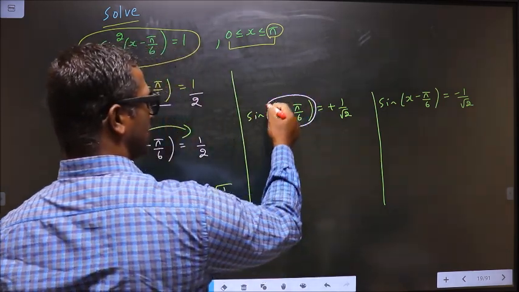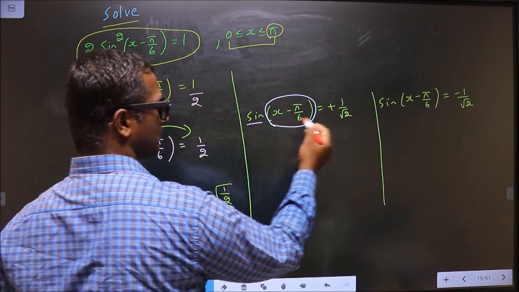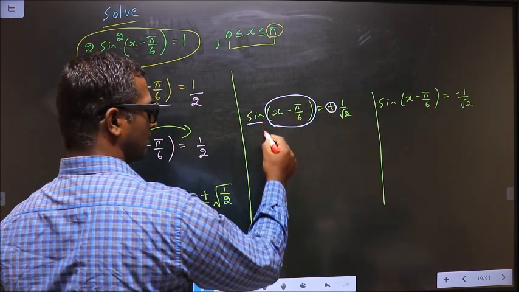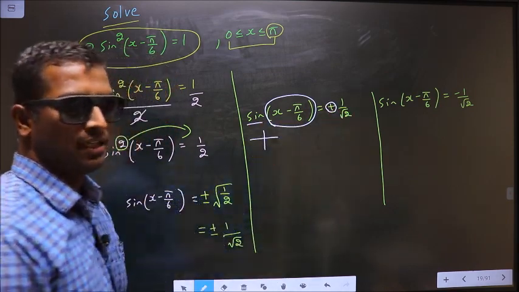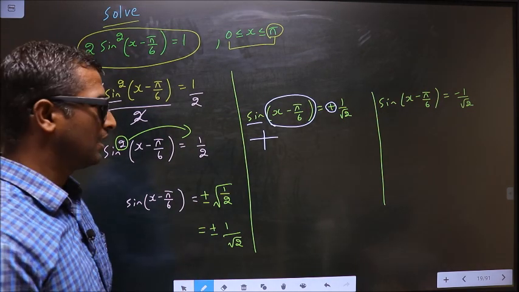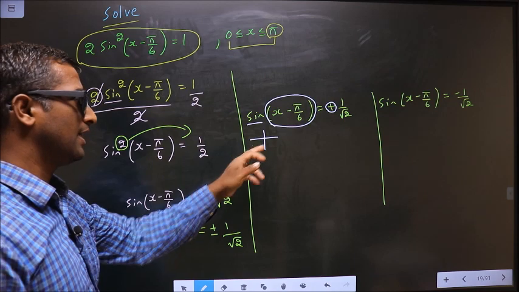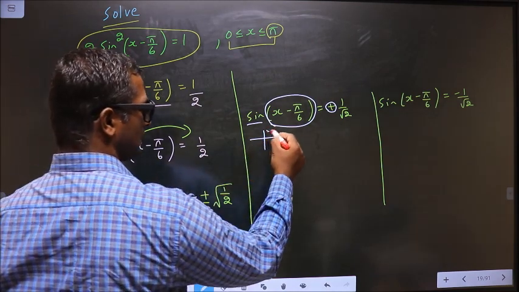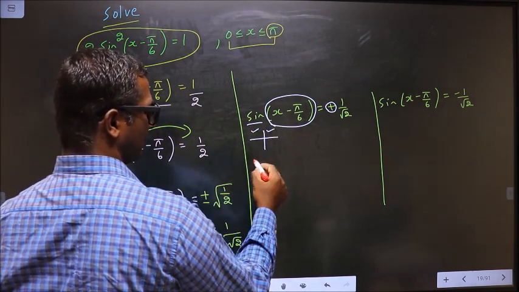Now, to get the values for this, here we have sine and here it is positive. So you should check in what all quadrants sine is positive. It is All Silver Teacups. Sine is positive in the first and in the second.